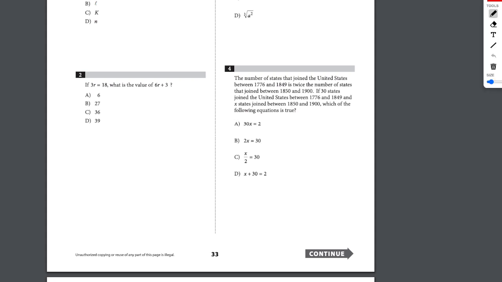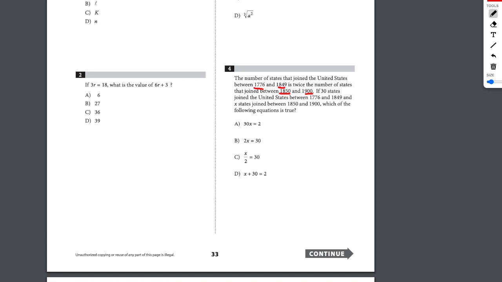The number of states that joined the United States between 1776 and 1849 is twice the number of states that joined between 1850 and 1900, okay? Which makes sense if you think about it, if you live in the US at least. America just won its independence in 1776, and then the number of states just kept on adding to the Union. So we got like 30 states up to 1849, and then between 1850 and 1900 it kind of slowed down.